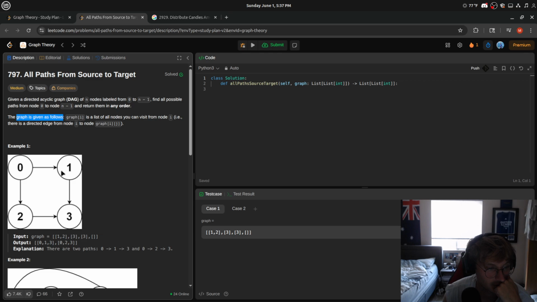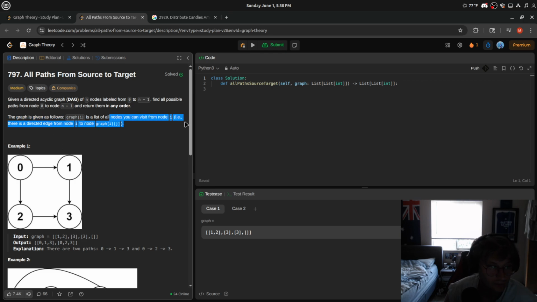So graph 0 has 1, 2. Node 2 has 3. Node 1, it's 3. 3 doesn't go anywhere. Okay, given the directed acyclic graph, find all possible paths from node 0 to node n-1. Return them in any order. Right, so we could go 0, 1, 3 and 0, 2, 3.